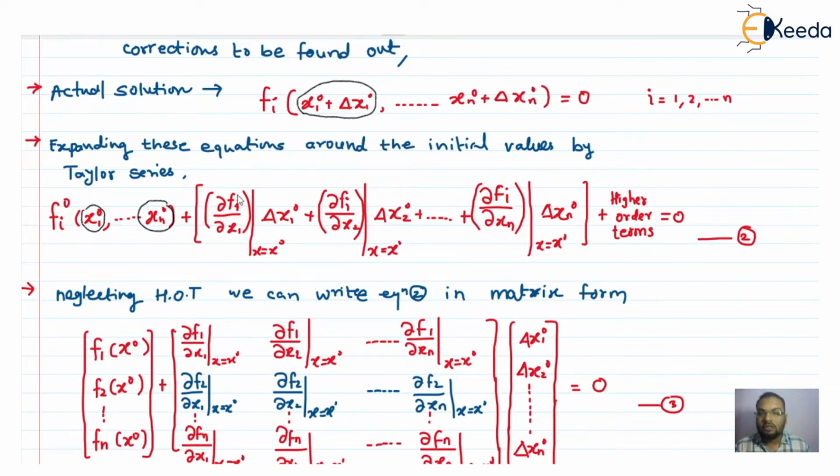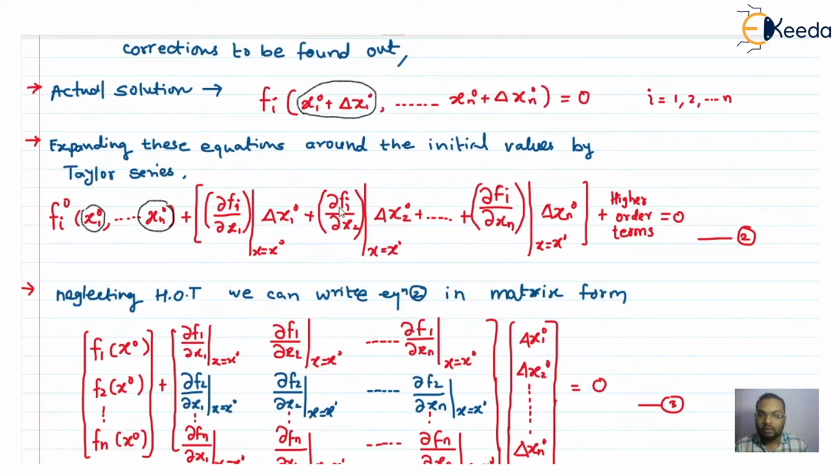We have n variables, so n number of terms will come here. Partial differentiation of this function f_i with respect to x1, evaluated at the initial assumed value, multiplied with the correction in that variable.